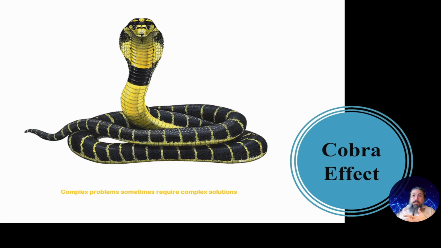And India is one of the countries that is the home for cobra snakes, which is a very poisonous snake. So what they did, they came up with a solution, and this solution is very interesting. They offered money for everyone who brought a cobra snake, dead or alive. In case of alive, they are going to kill it.